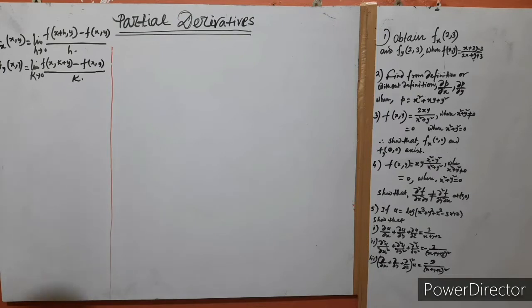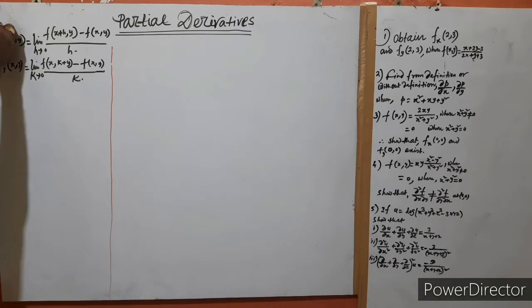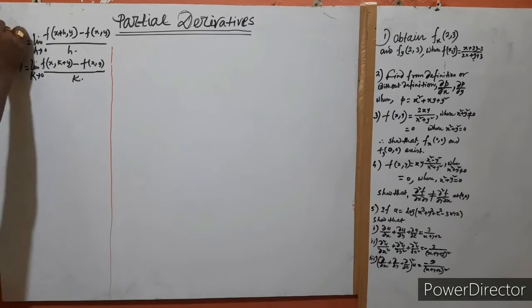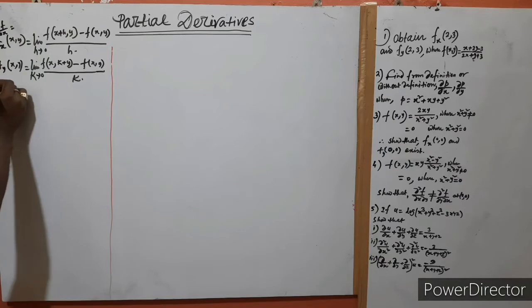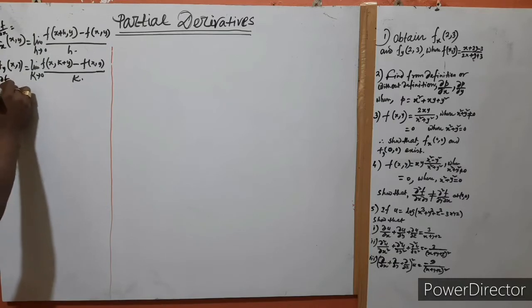So these are the two partial derivatives, with respect to x denoted by f suffix x, and the notation of this is del f del x, and this is denoted by del f del y.